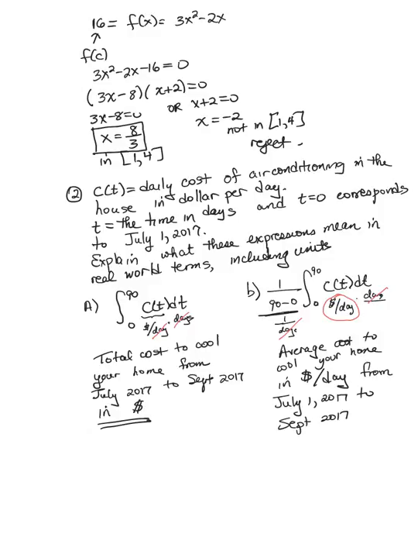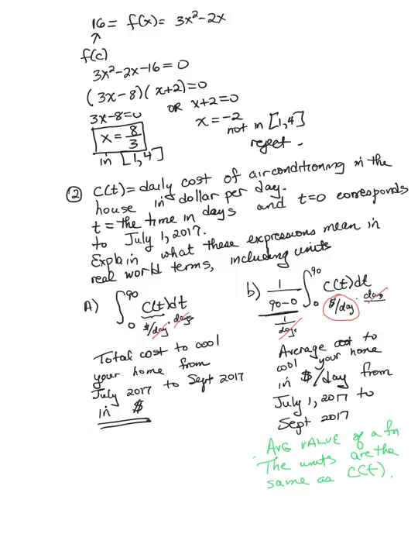Okay, so what I'd like to emphasize here is that when we just have a definite integral of a derivative, we have total change. Think of the units. Whereas if we have average value of a function, the units are the same as the function that's being integrated, which is c of t.